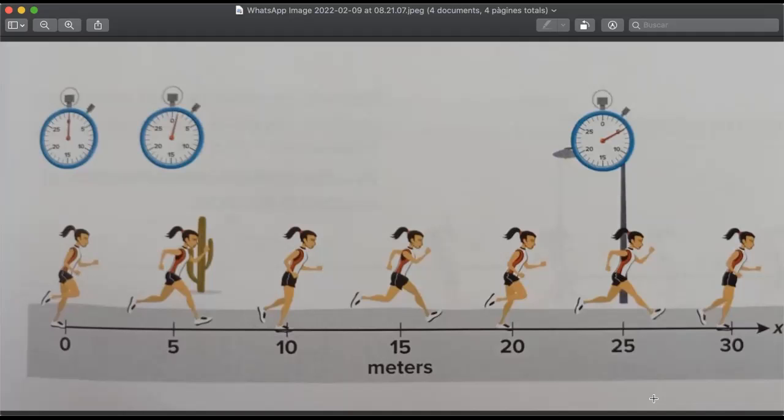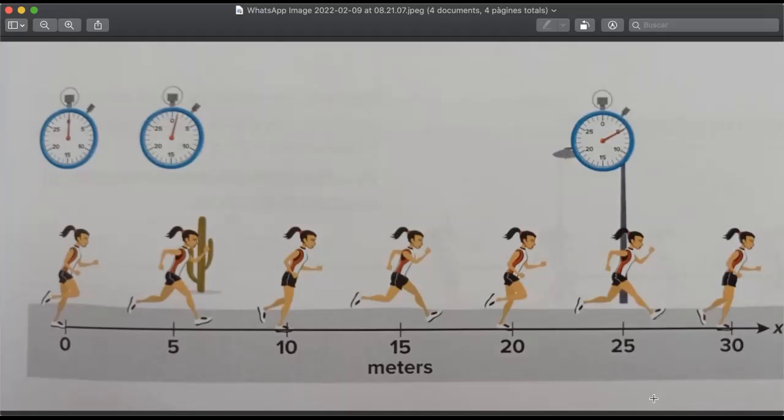Of course, the lady continues running across the straight line and arrives at the lamppost, 25 meters from the origin point. Okay, that will be the distance between the lamppost and the origin.